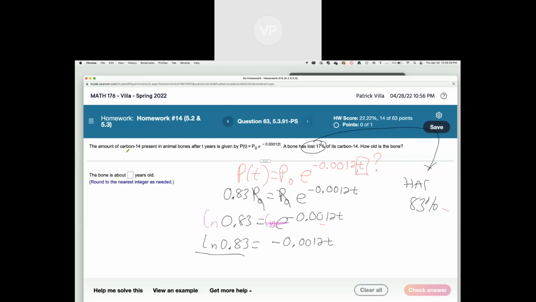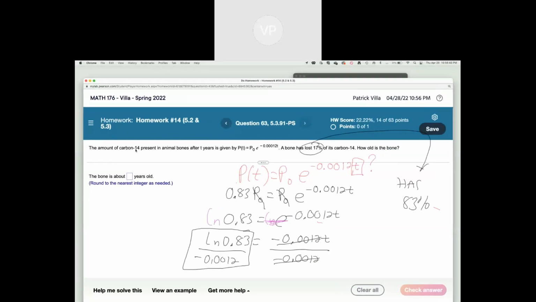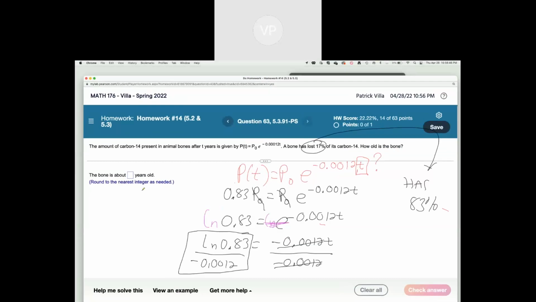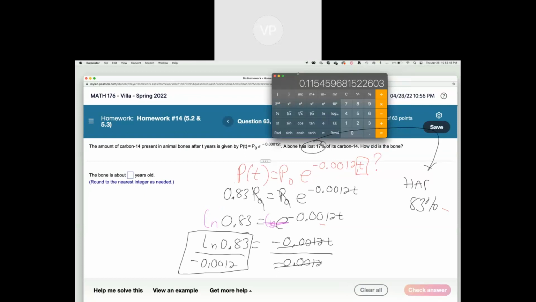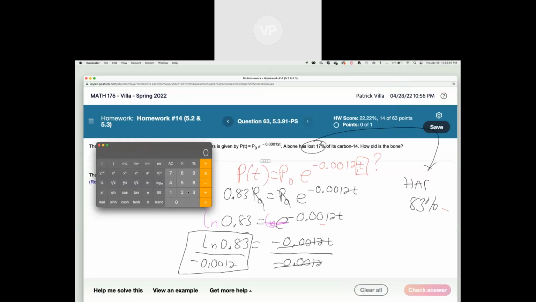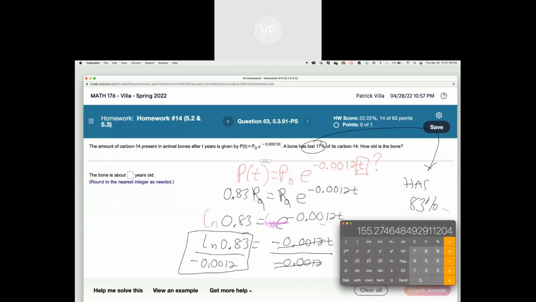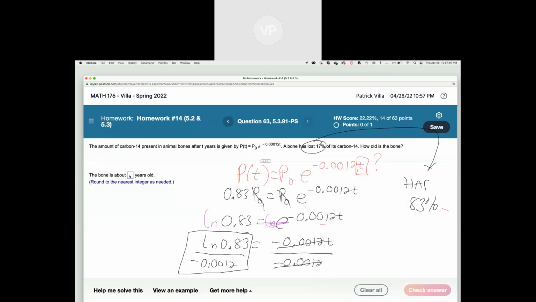And then last, divide both sides by this negative 0.0012. And that makes all of this equal to t. So our only final section to do here is I need to plug all of this into my calculator. So I have the 0.83, natural log that, and then divide it by the 0.0012, and we get 155. So round to the nearest integer, it should be 155 years old.